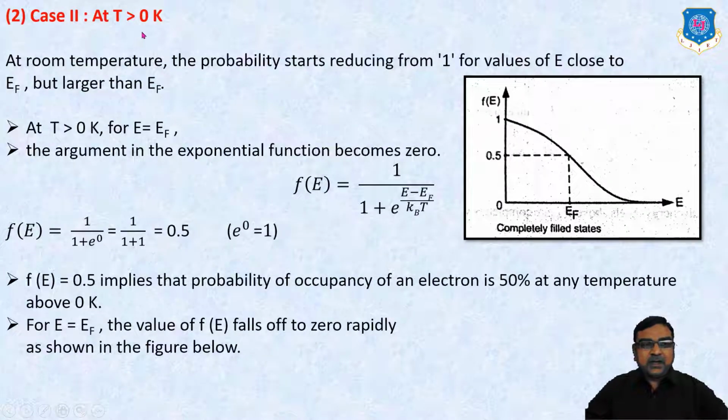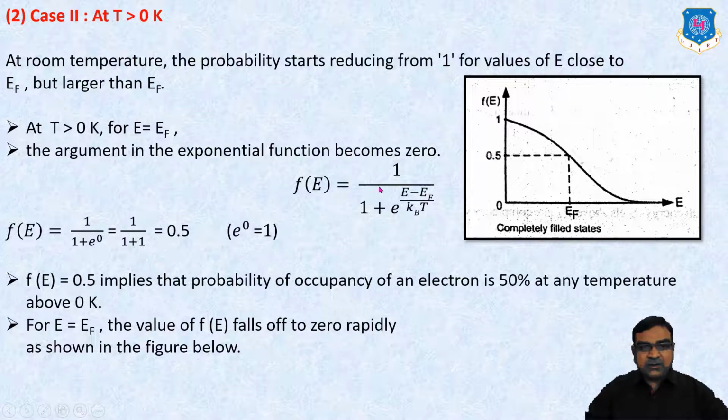Case number 2, at T greater than 0 Kelvin, meaning something like room temperature. At room temperature, the probability starts reducing from 1 for values of E close to EF but lower than EF. So at T greater than 0 Kelvin, for E equal to EF, the argument in the exponential function becomes 0.